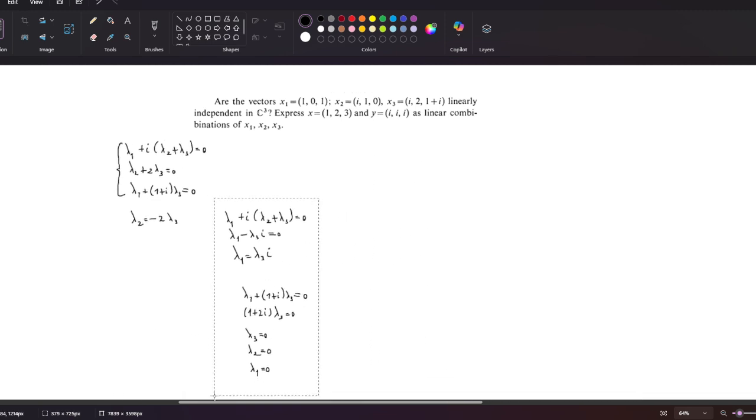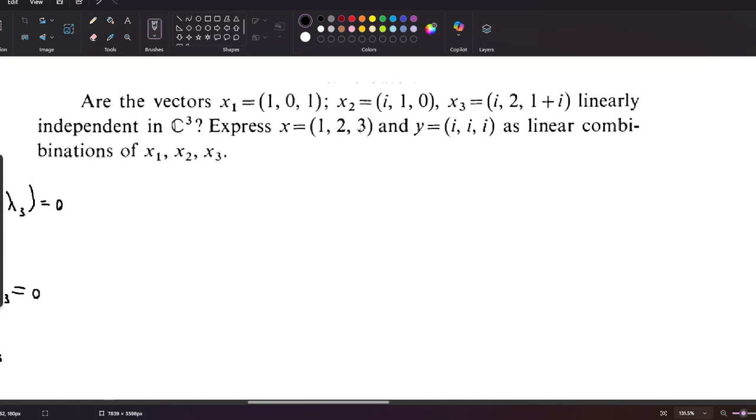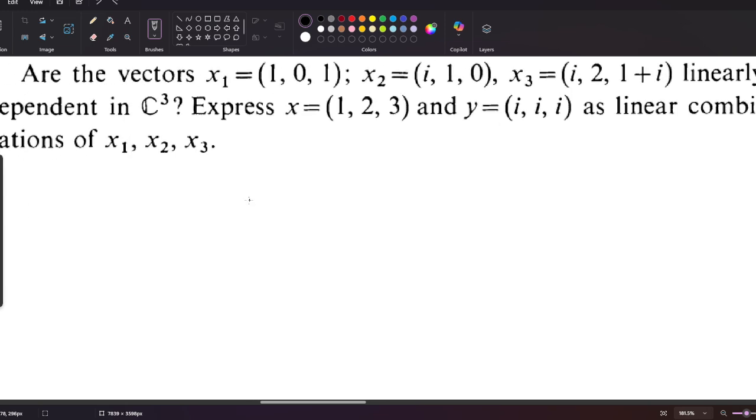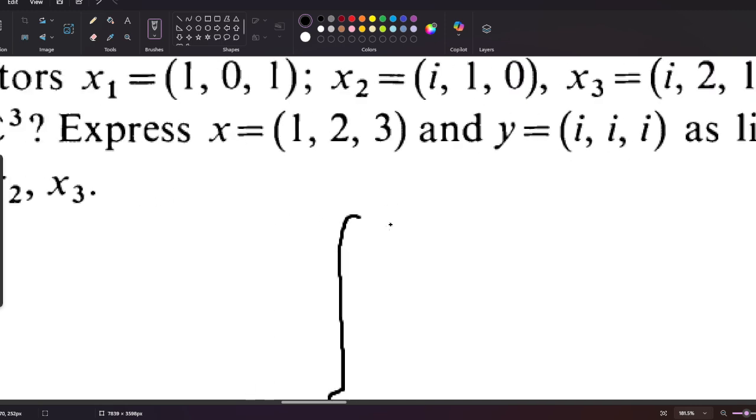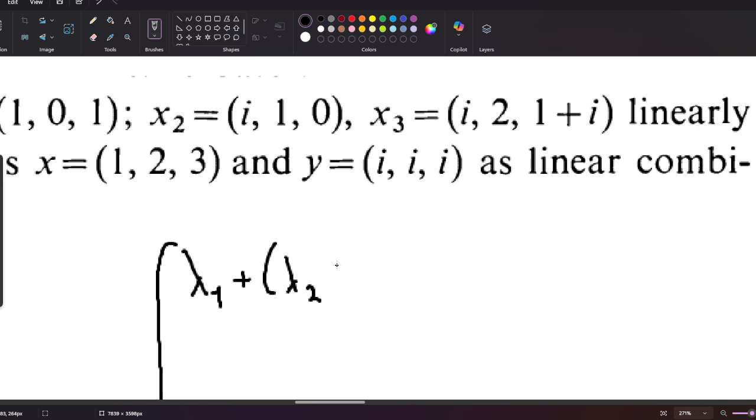So now we have to deal with expressing specific vectors in terms of these vectors. So let's just write down the first system. Lambda 1 plus lambda 2 plus lambda 3 times i equals 1.